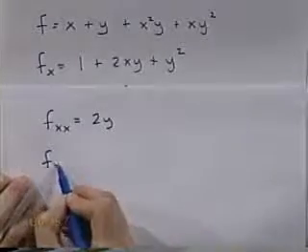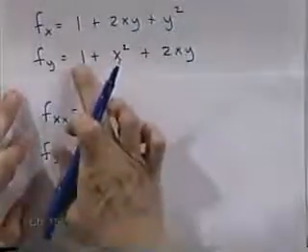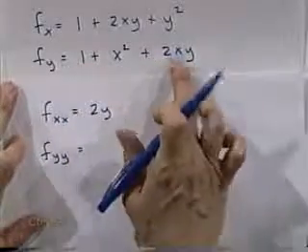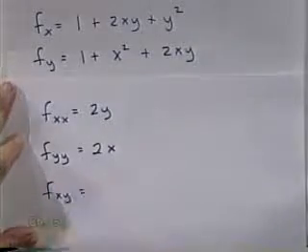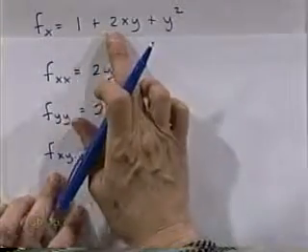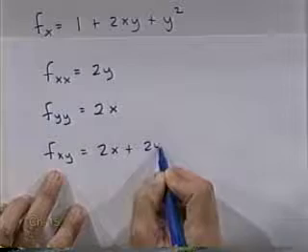I also need fyy. Fyy is, take this and differentiate again with respect to y, so we'll get 2x. We also need fxy. Fxy, if I take fx and differentiate with respect to y, I'll get 2x plus 2y.